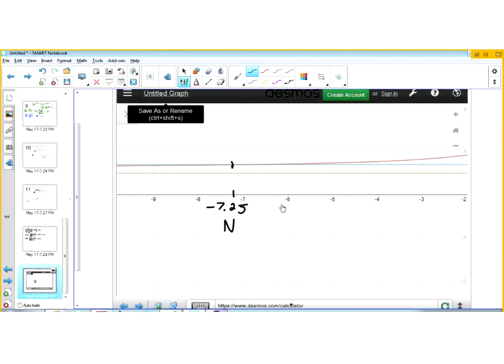All right, so now let's find the right endpoint for the interval. So let's pan over.